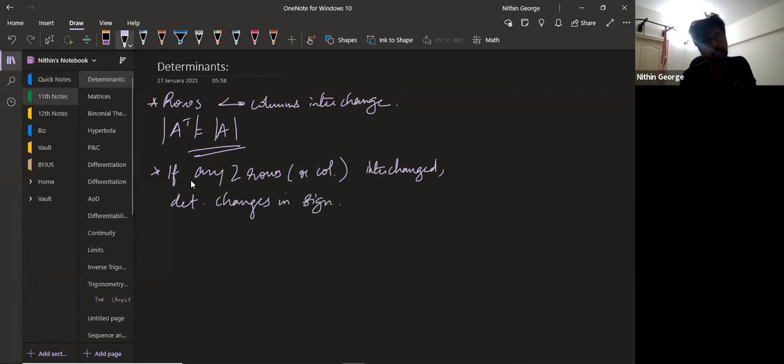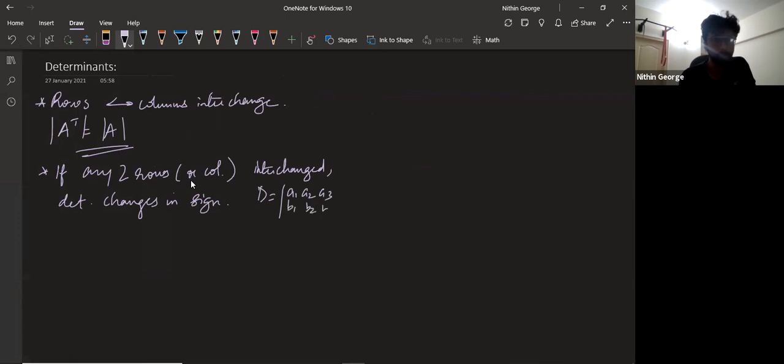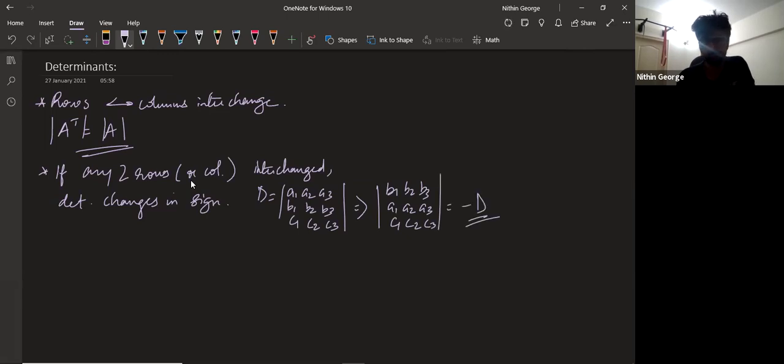So you have one determinant like this: A1, A2, A3, B1, B2, B3, C1, C2, C3. If you're looking for the determinant of B1, B2, B3, A1, A2, A3, C1, C2, C3, this is nothing but minus D. So one shift leads to one sign change. That's the idea.